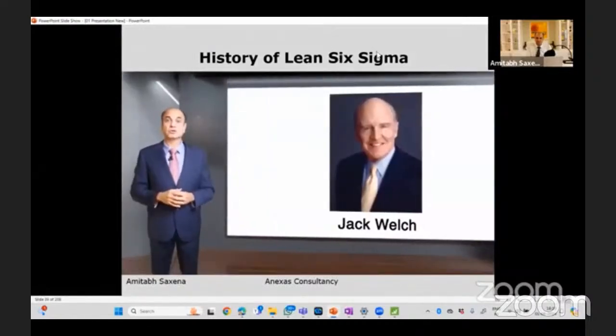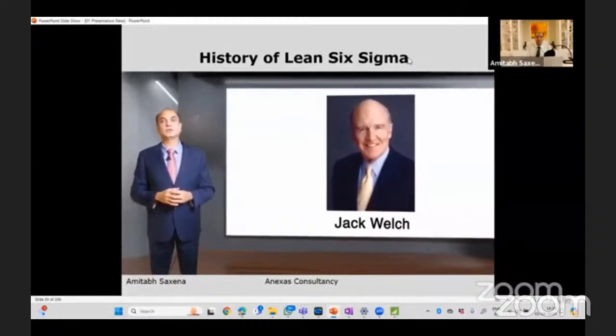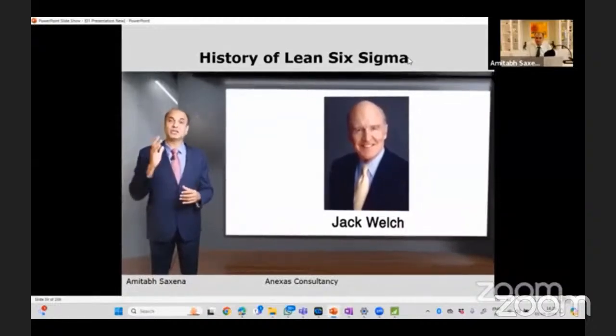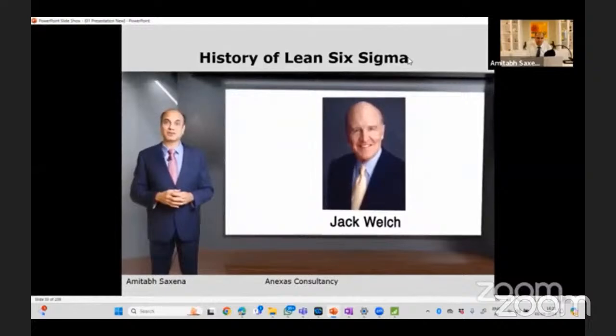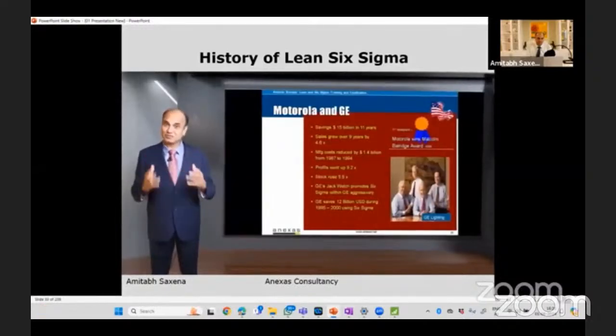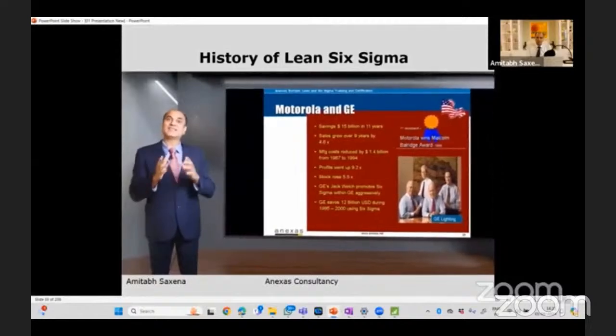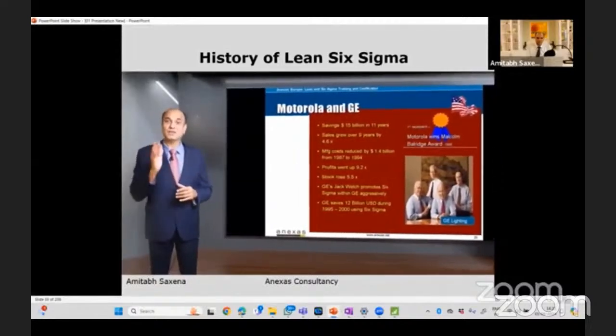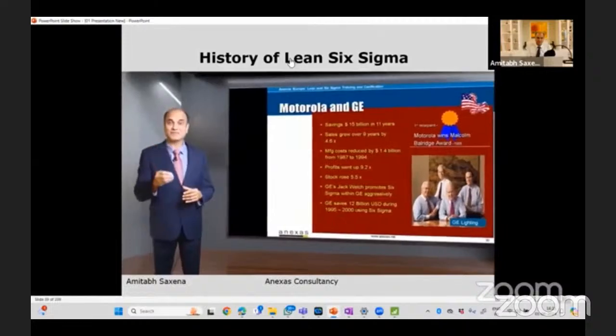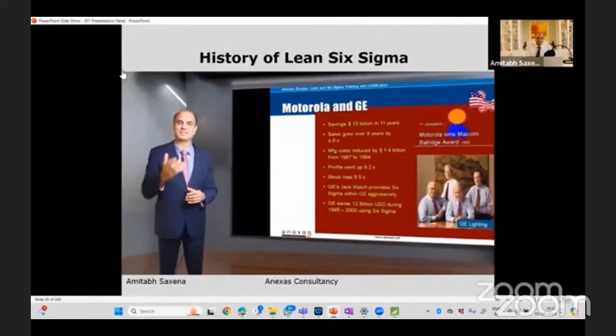Jack Welch of GE was so impressed with this methodology that he told his employees that you would not be promoted if you are not a green belt. So everyone wanted to be a green belt, everyone started doing projects. Then GE started telling their vendors and suppliers that if you want to have business from GE, you need to implement Six Sigma.